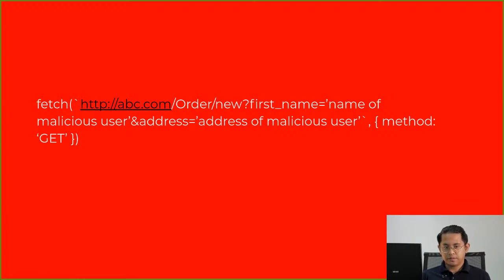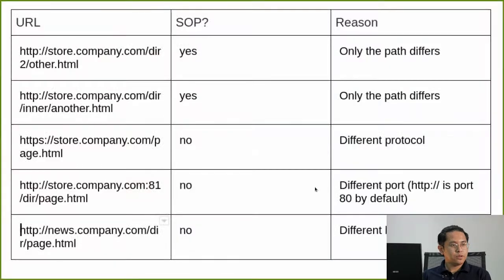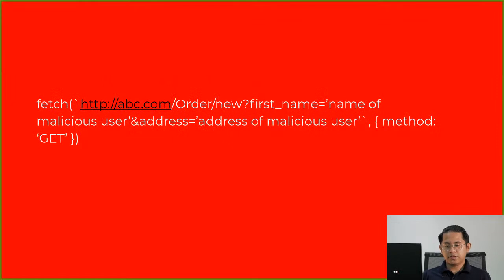So how does the same origin policy solve this? Simple. It stops the malicious site, xyz.com, from making requests to other domains. Meaning it will be blocked by the browser.